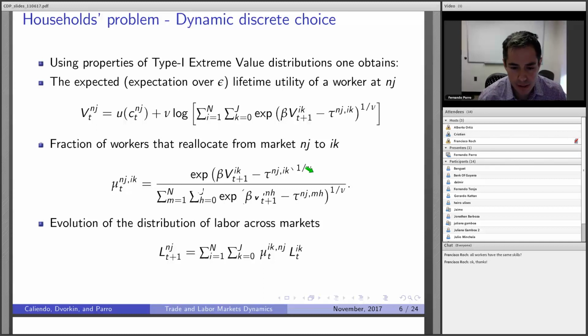And you can see here that 1 over nu is the reaction of migration flows to changes in migration cost, and in that sense can be interpreted as a migration cost elasticity, which is a parameter to be identified, analogous to a trade cost elasticity in the context of gravity trade models.